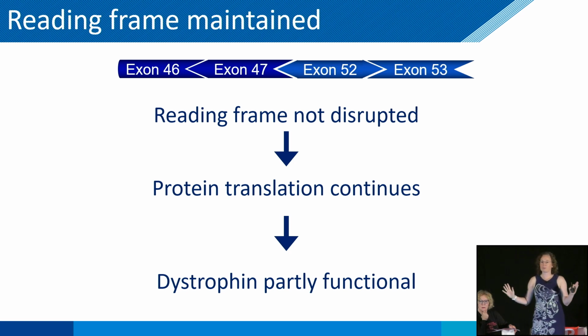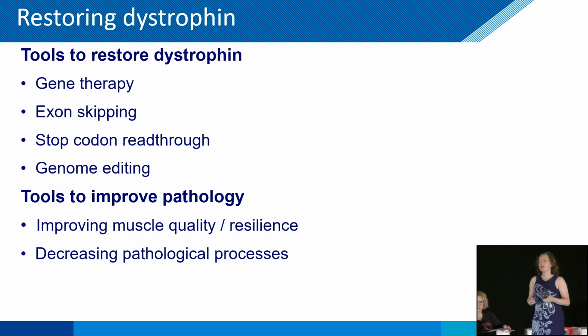Now for most proteins, this would be disastrous. Missing a part would mean you have a non-functional protein. But with dystrophin, we have the unique situation that the crucial domains are located at the beginning and the end, and in the middle we have a repeat. And if that repeat is slightly shorter, the protein is still partially functional because the crucial domains are there. And this is why Becker patients have Becker and Duchenne patients have Duchenne.